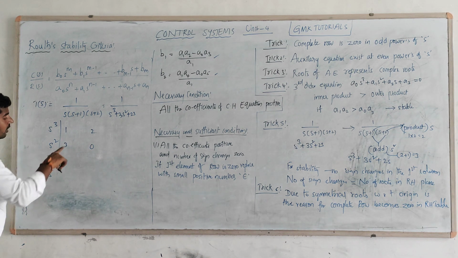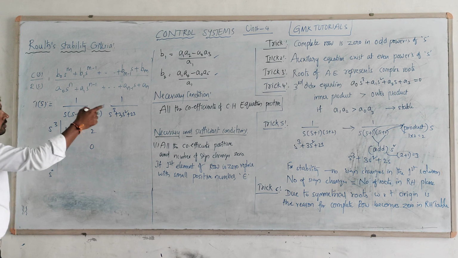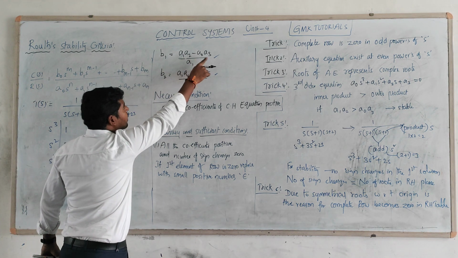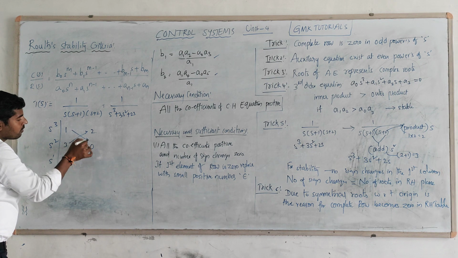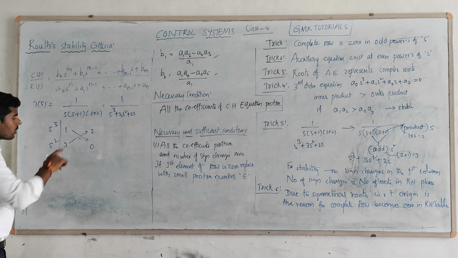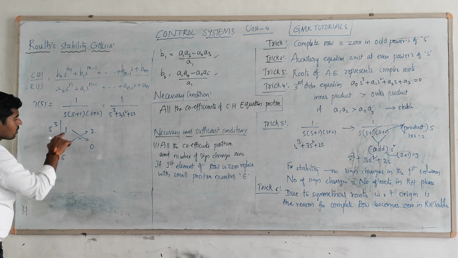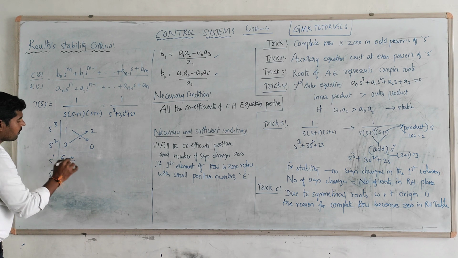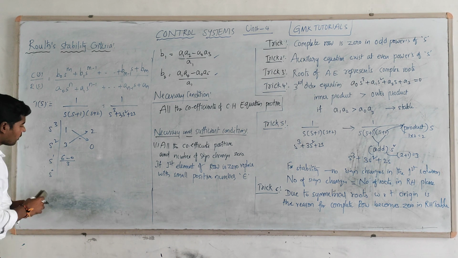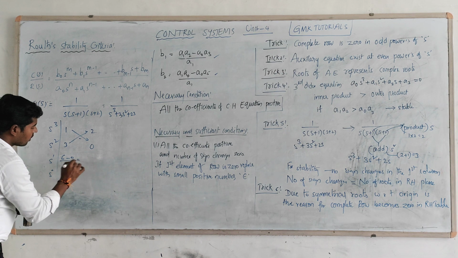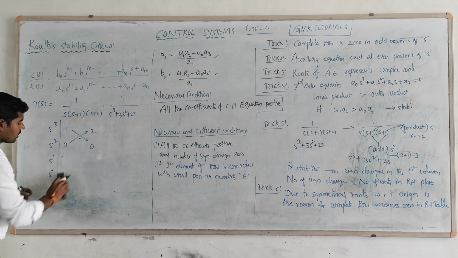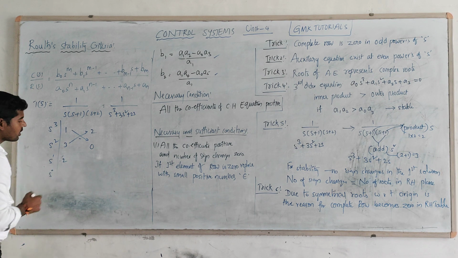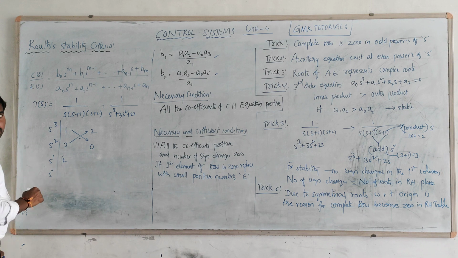Therefore, what is the generalized format? B1 is equal to (A1 A2 minus A0 A3) divided by A1, like the previous formula. So we take the first column, first multiply these two, next the multiplication with the negative sign. So 3 twos are 6, 1 into 0, so 6 minus 0 divided by 3. Therefore that value is equal to 2. So I will replace it with the complete answer, 2. At the same time in this criteria, S power 0 value is equal to 0, obviously the complete row is 0.